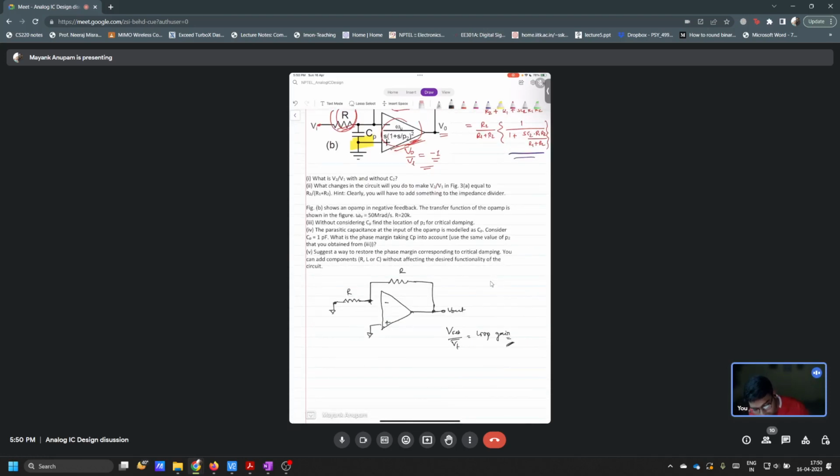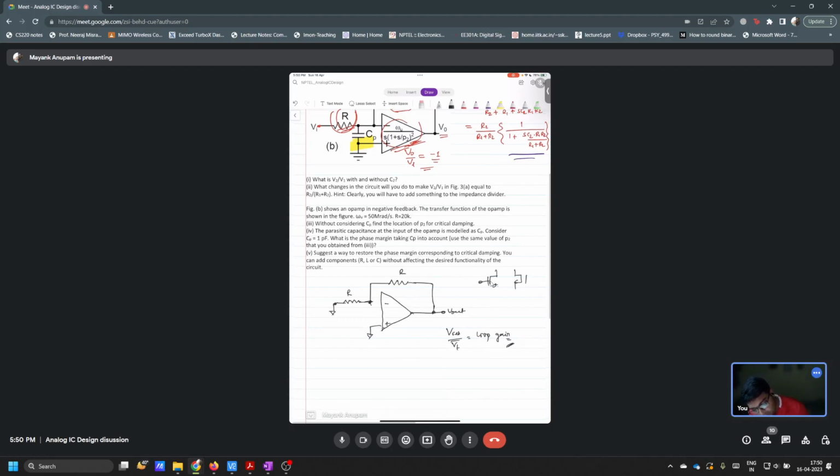This op amp will be realized using some transistors, right? So this CP is making a non-infinite pole. This input, IN plus and IN minus, will have some CGS here and CGS here also, right? These capacitors can be present here, correct?